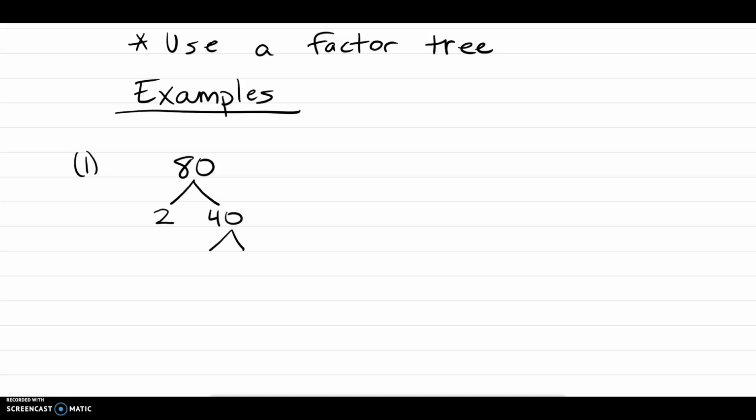So again, that's an even number, so I can divide it by 2, and that'd be 2 times 20. So then I repeat again, another even number, 2 times 10, and then I repeat again, 2 times 5. So I just factored 80 down to its prime numbers.